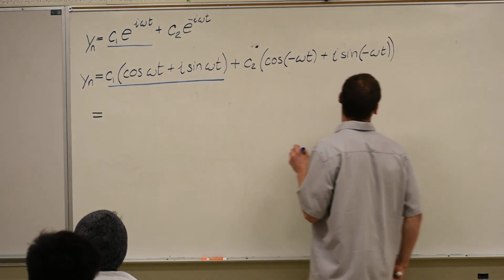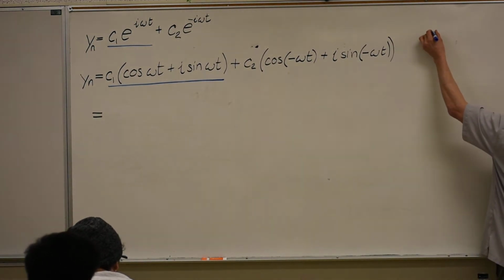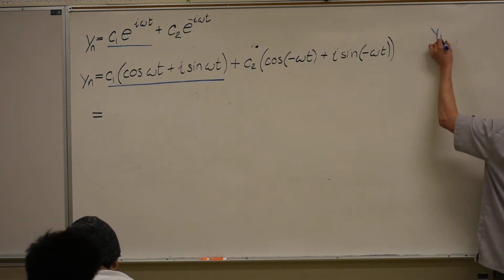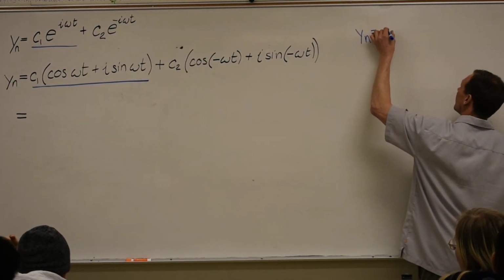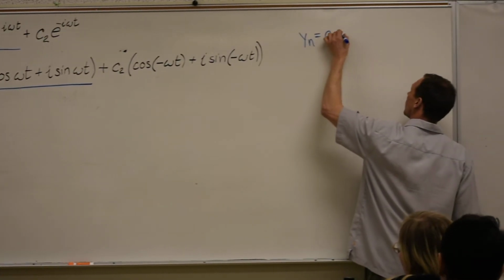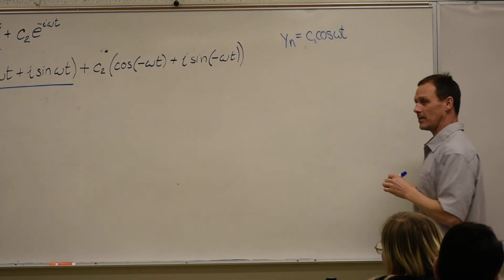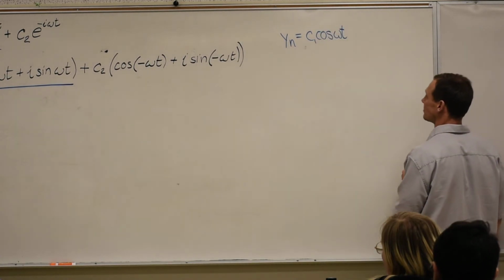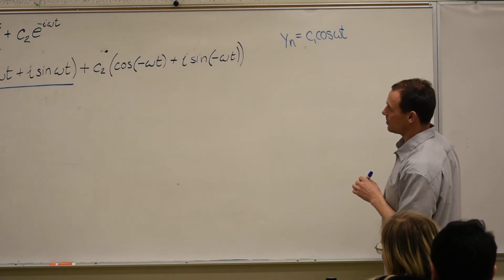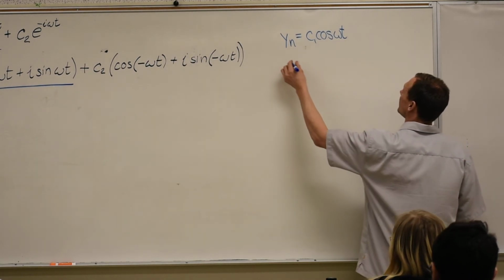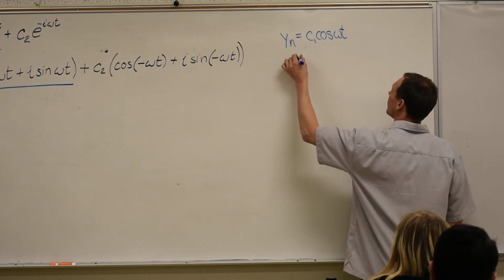So I'm going to do this. So let's just try y null as some C1 cosine of omega t. If I do that, then I would need y null prime.